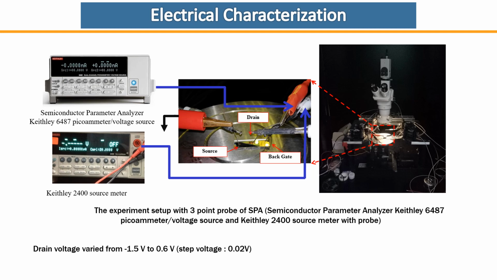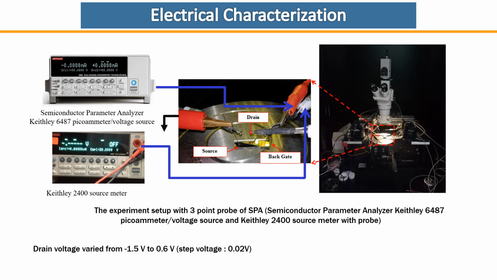So here is the experiment setup used in our research. The setup involved utilizing a 3-point probe method integrated with a semiconductor parameter analyzer, specifically the Keithley 6487 picoammeter voltage source and the Keithley 2400 source meter.